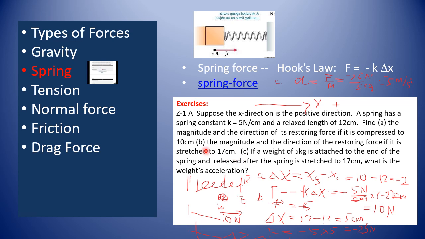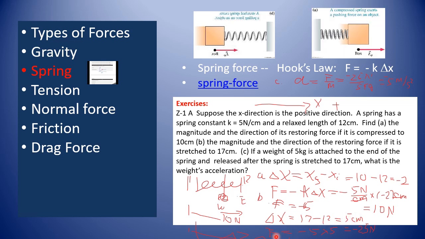B. The magnitude and direction of the restoring force if it is stretched to 17. So in this case, it was 12 and stretched to 17. And then again, you use the same definition of the extension: final position, now it's 17, minus 12. This time it's 5 centimeters, so it's stretched.